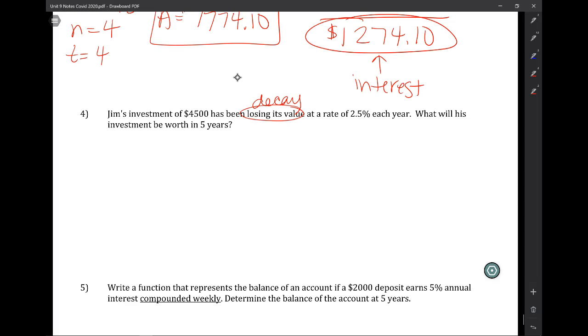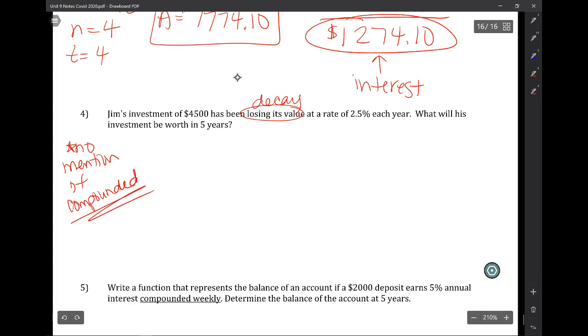What I noticed while reading this statement, I did not hear them ever say the word compounded. If you never hear them mention the word compounded, you do not have to use the compounded formula, which is the one we learned today.